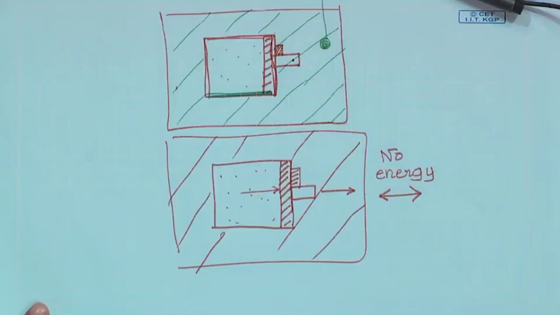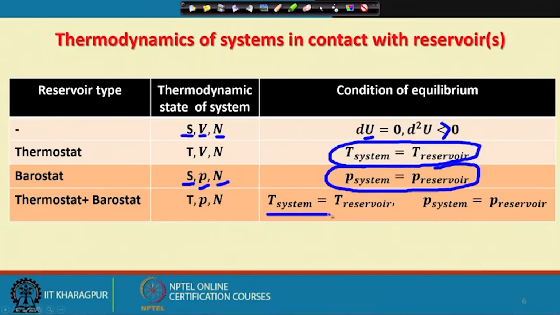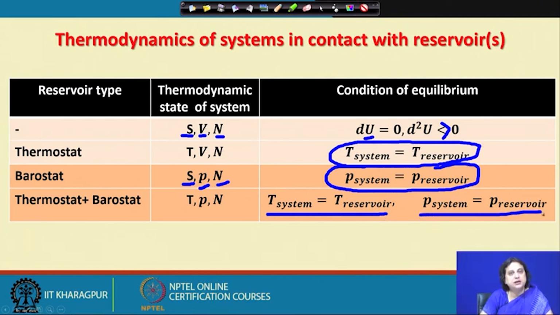So, under this condition, when do I know that the system has attained equilibrium? First the temperature of the system has to become equal to the temperature of the reservoir, and then the pressure of the system has to become equal to the pressure of the reservoir, and then the equilibrium state is characterized by giving a value to the temperature of the system, pressure of the system, as well as the number of particles.